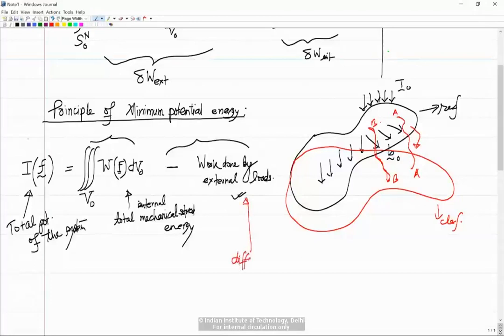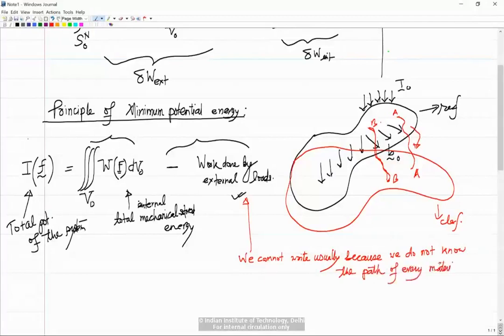We cannot write it usually, because we do not know the path of every material particle of the body during deformation.